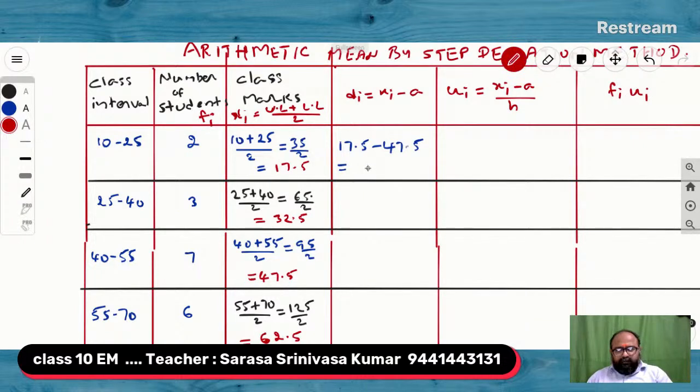So I write it as minus 30. This is using the formula di equal to xi minus a. So this is xi, and a is the assumed mean, 47.5.